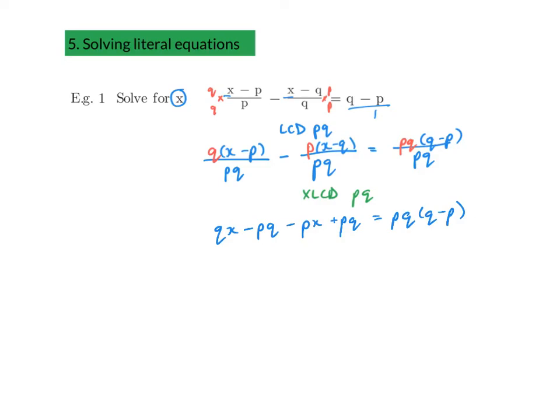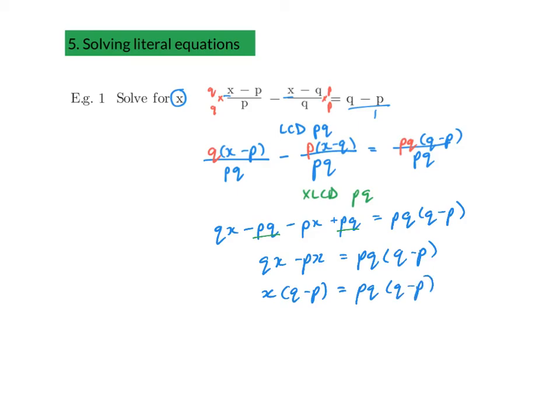So let's look back on the left. I've got PQ and minus PQ, which will make 0. So on the left, I've got QX minus PX is equal to PQ times (Q minus P). And because I'm solving for x, let's take out x as a common factor: x times (Q minus P). The right I'm just going to leave like it is.